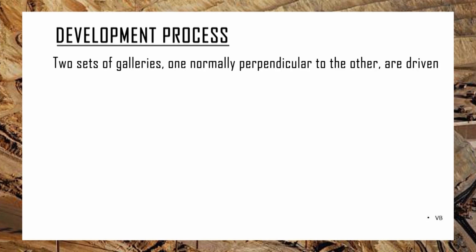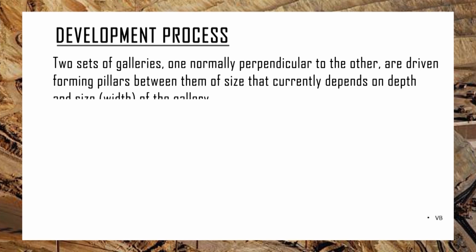Next point is the development process. Two sets of galleries, one normally perpendicular to the other, are driven, forming pillars between them of a size that currently depends on depth and the width of the gallery.